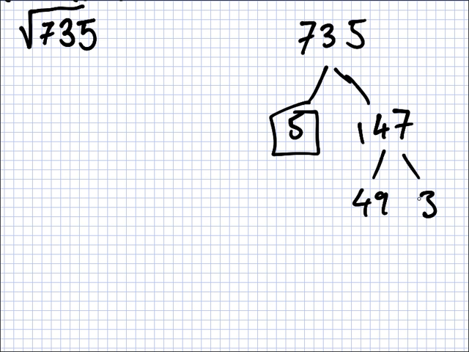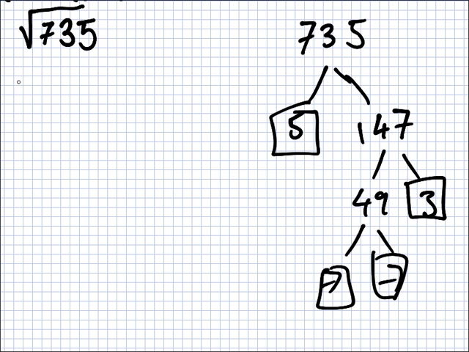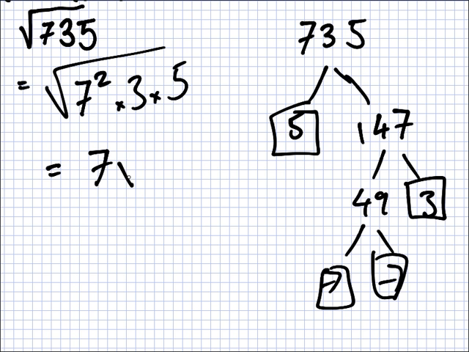Yeah? 3 is finished. 49? 7 and 7. So this will equal root 7 squared times 3 times 5. 7 root 15. Yeah. It's as simple as I can make it. Yeah? Right, okay, let's go on to another type.